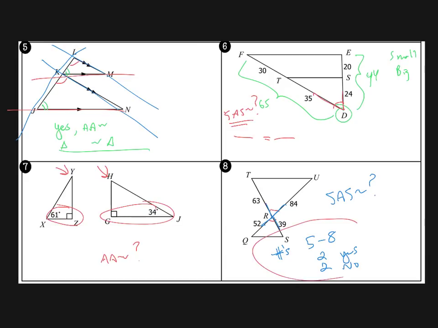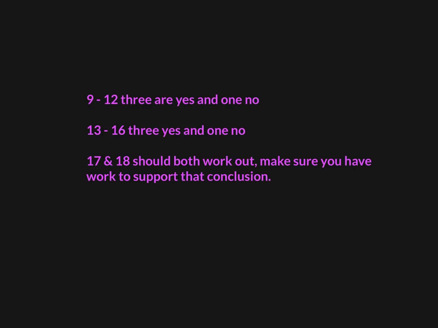For numbers 5 through 8, you're going to have 2 yeses and 2 nos. For numbers 9 through 12, there are 3 that are a yes and 1 no. 13 through 16, 3 yeses, 1 no. 17 and 18 should both be a yes. They should both work out, but make sure you have the work to support that conclusion. Okay? And that'll do it.